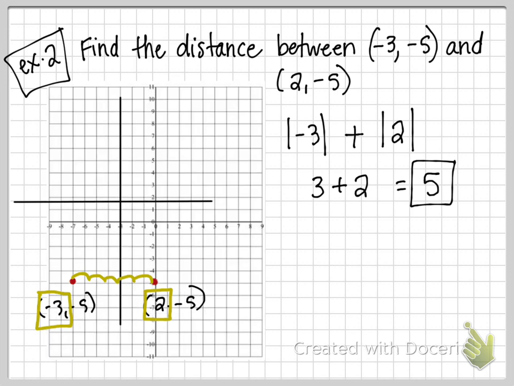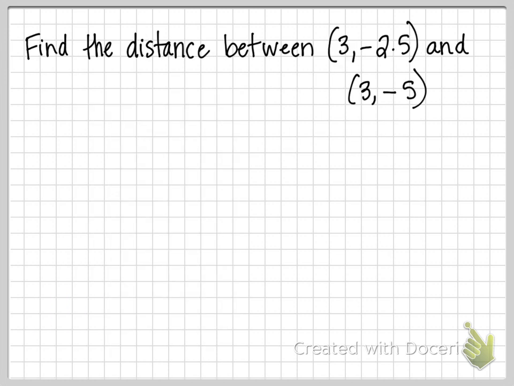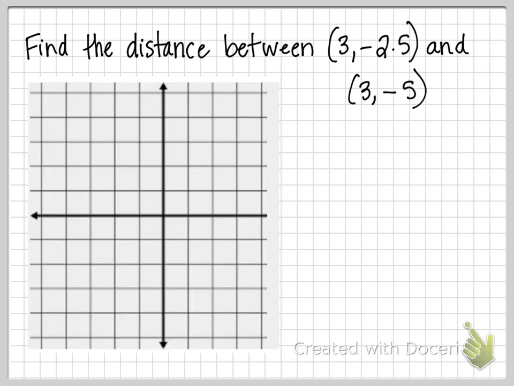Let's do another one. What about the distance between (3, -2.5) and (3, -5)? Let's start by plotting these. (3, -2.5) would be 3 to the right, and down 2.5, so between -2 and -3.